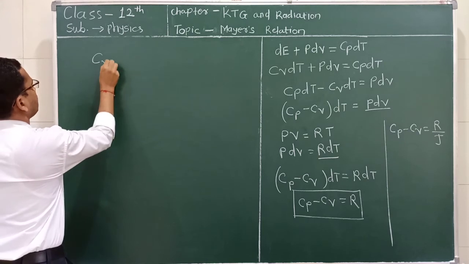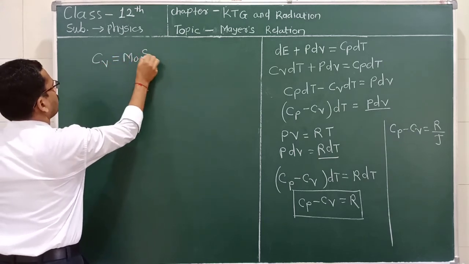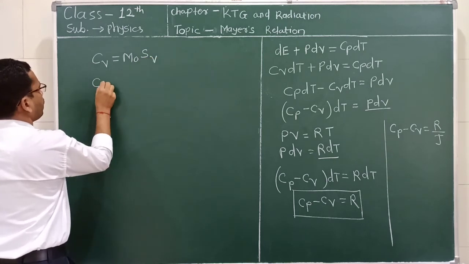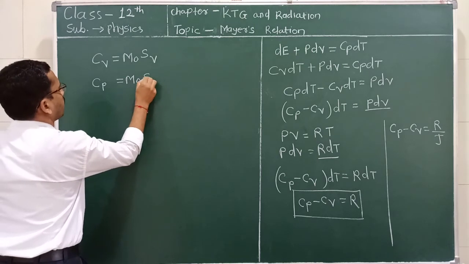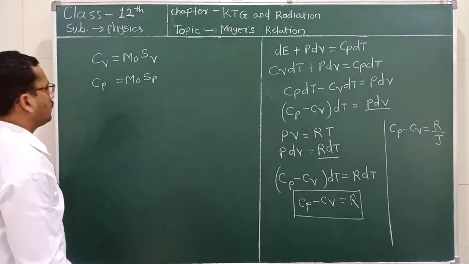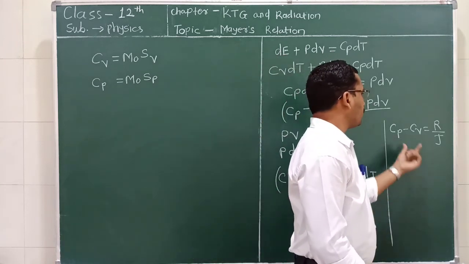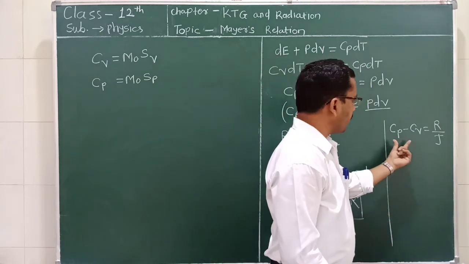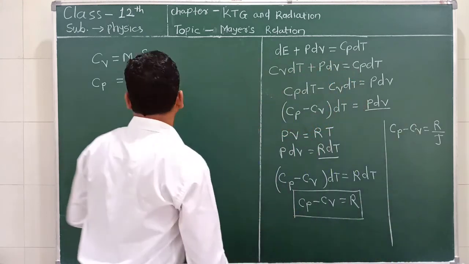We see that Cv is equal to M0 into Sv and Cp is equal to M0 into Sp. Now this equation is in terms of molar specific heat. We can write this equation in terms of principal specific heat also.